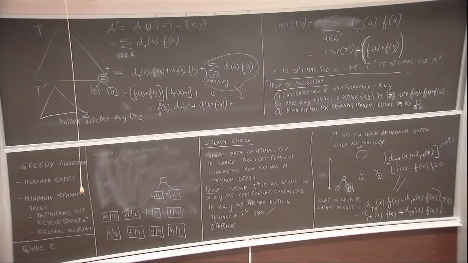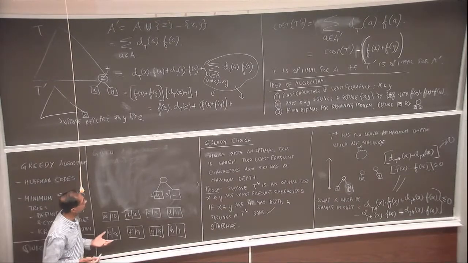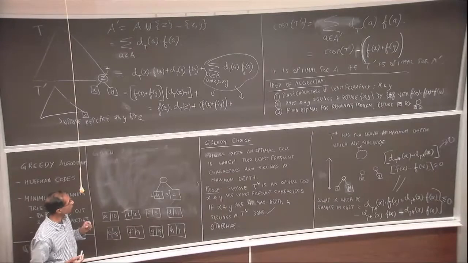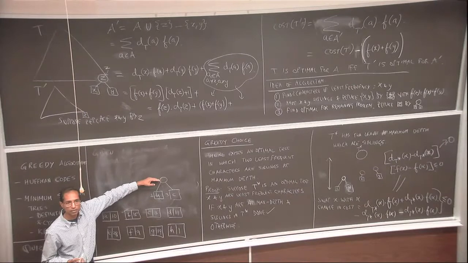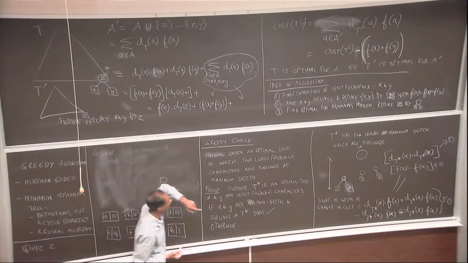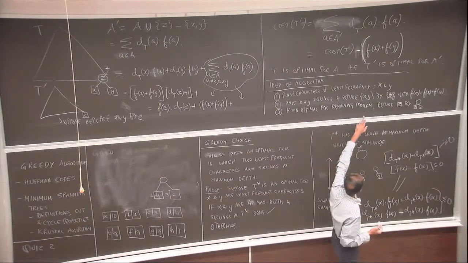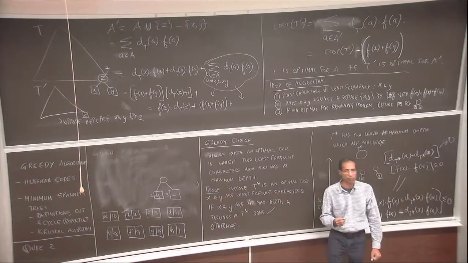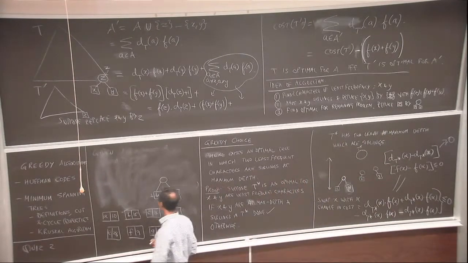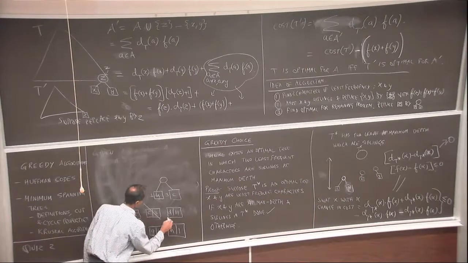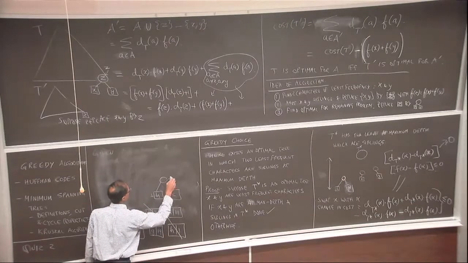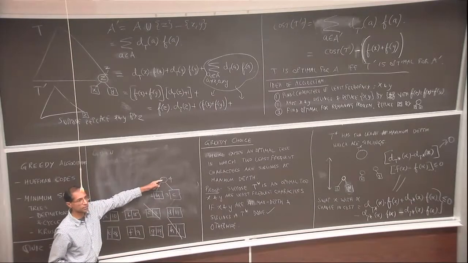They will be siblings in the tree, because they have the least frequency. What does the algorithm tell us to do? View it as if we have introduced a new character of frequency 4. Replace x, y by z and set z's frequency to be f of x plus f of y. Think of it as if I have crossed these out and introduced this new character whose frequency is 4.